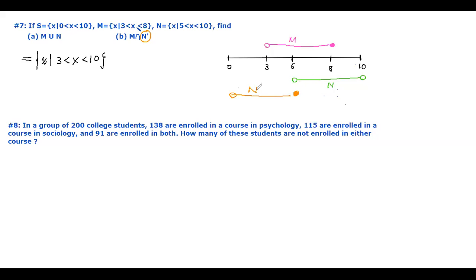This is my N prime, correct? It's inside the sample space, but everything else except the elements in N. Now let's take a look. This is the intersection, which means I want to find the common area, or common overlap, between M, the purple, and the orange, right?